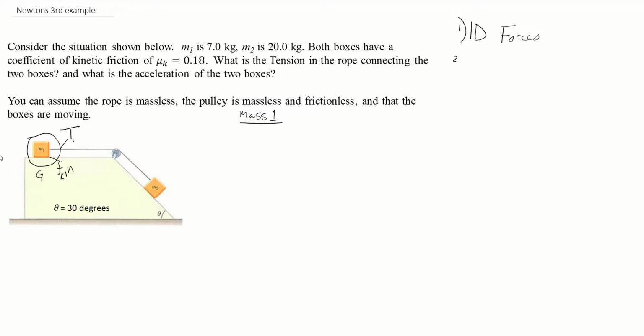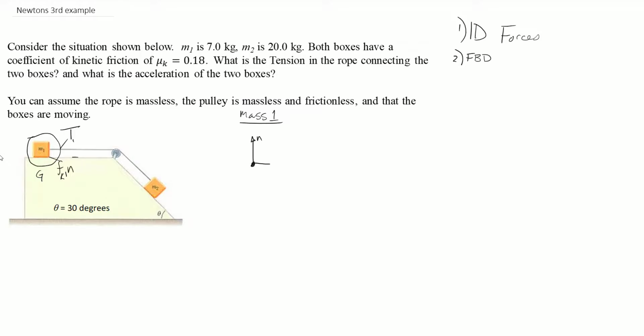So step 2, once we've identified all the forces, is to draw a free body diagram. So let's look at mass 1. We know the normal force is always going to be perpendicular to the surface that's applying that force, so it's going to be straight up.